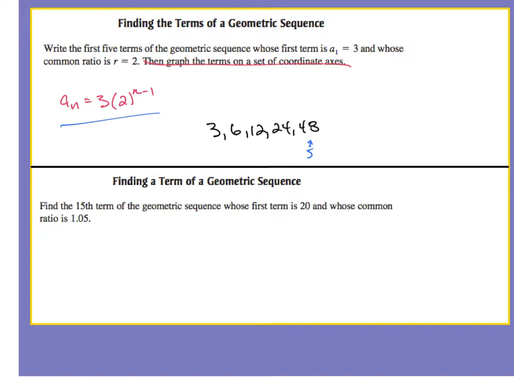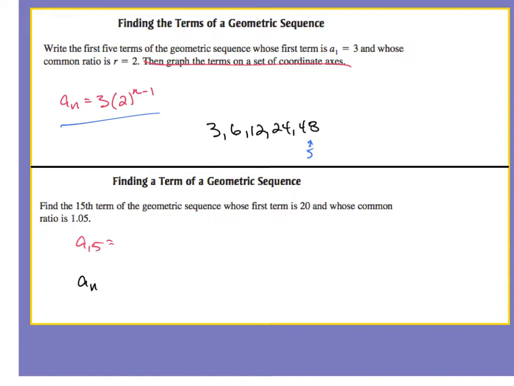All right, let's look at this next one. Jacob, go for it. Find the 15th term of the geometric sequence whose first term is 20 and whose common ratio is 1.05. Good. All right, so we need to find a sub 15 eventually. But before we find a sub 15, what should we probably build? I should build my a sub n.